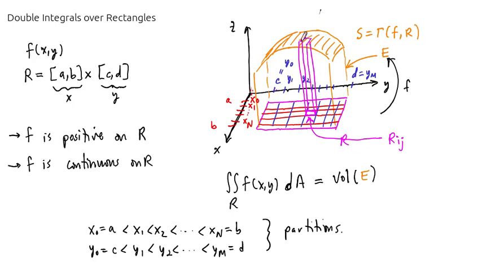Okay, and let's make it an actual rectangular box. Can we approximate this volume? So we'll call this V sub ij. All right, I'm going to zoom in on this on the next page, get a little more room, and then we'll write down a formula for this.